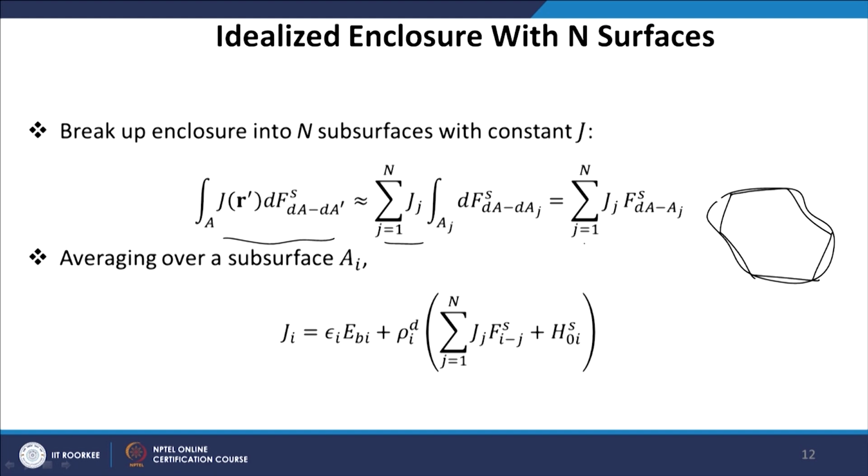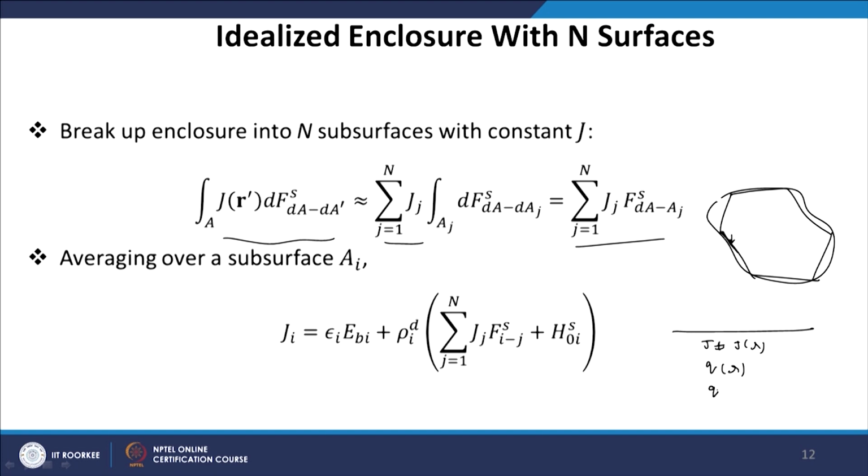The integral is simply converted into a summation, radiosity times the specular view factor. As from the previous argument, the radiosity may be uniform over the surface, but heat flux is not, because the view factor changes over the surface. So, radiosity may not be a function of r over the surface, but heat flux is a function of r because the view factor is a function of r. So, we have to take an average.